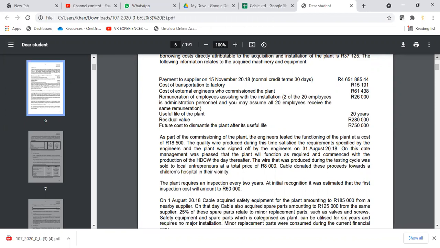On this date, management was pleased that the plant will function as required and commenced with production thereafter. So that's why 31 August is ready for use, or 1 September ready for use. The wire produced during the testing cycle was sold to local entrepreneurs at a total price of 8,000. Cable donated these proceeds towards a children's hospital in their vicinity. Just take note of that.